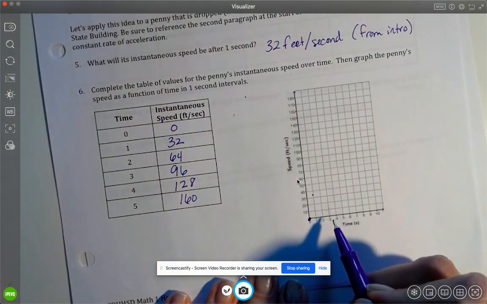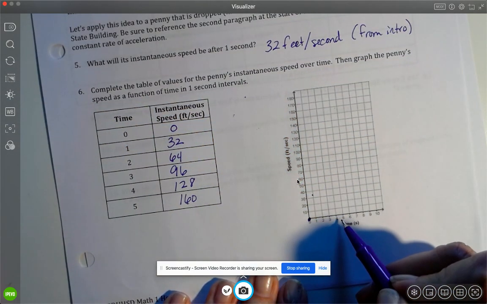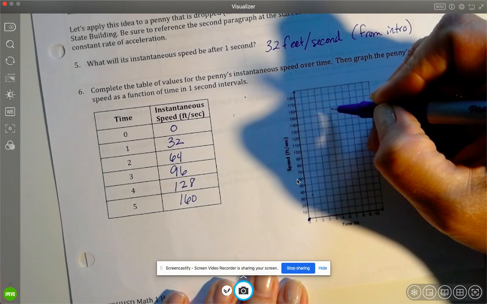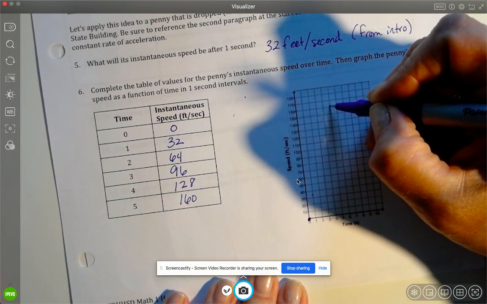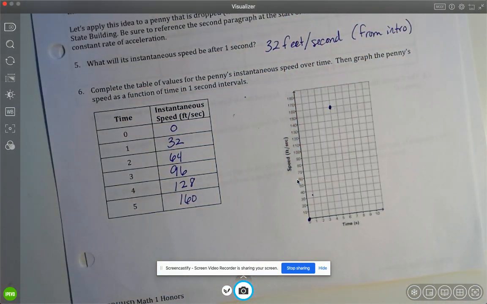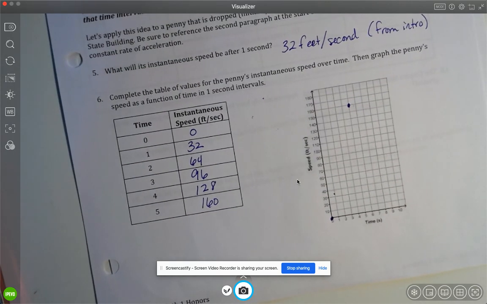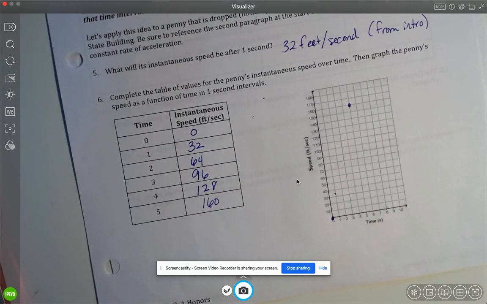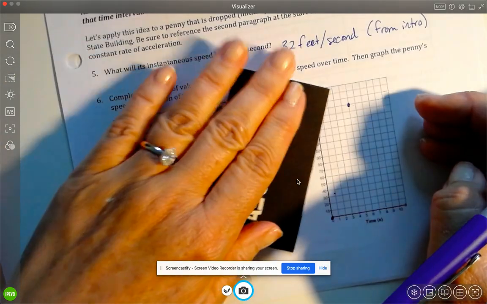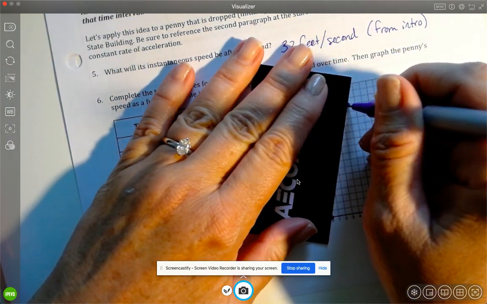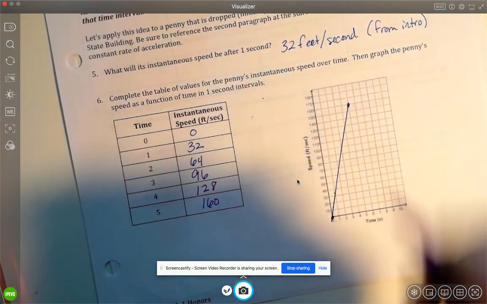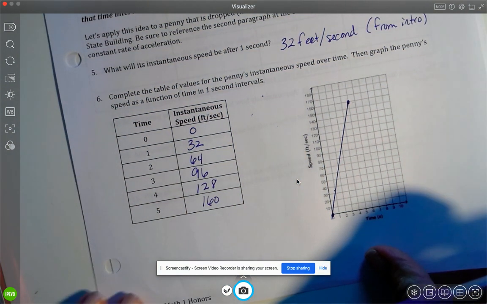You just need to go from 0, 0 to 5, 160, because you know it's going to be a straight line. So, go ahead and use my straight edge again. All right, so we have that graph.